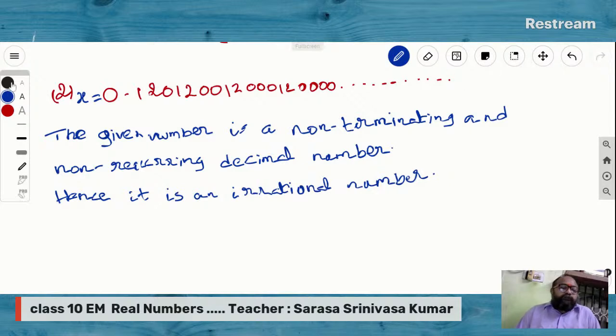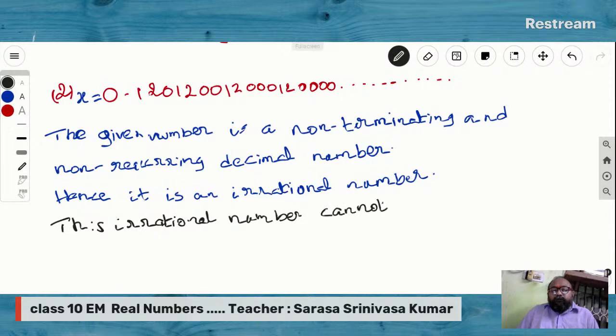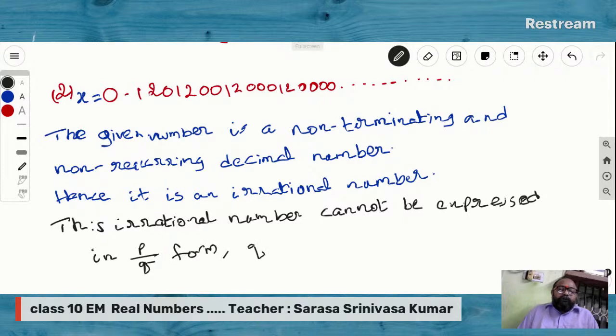Now we also give some explanation. This number cannot be expressed in p by q form. This irrational number cannot be expressed in p by q form, where q is not equal to 0, p comma q are integers.